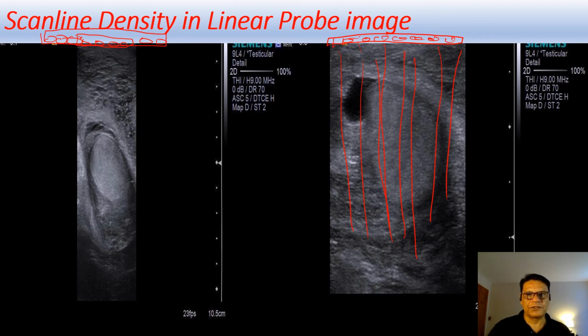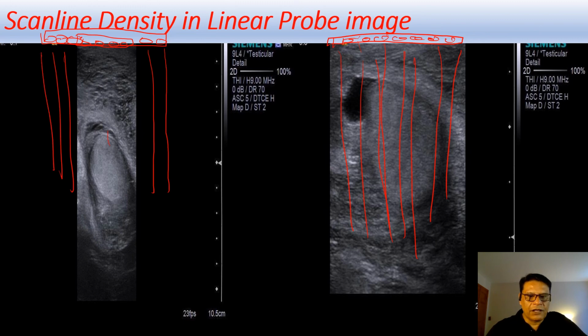Actually, here is our transducer. What's going on in this image is that we have switched off these crystals, and we are not getting scan lines in this area, but here these crystals are on and they are producing scan lines. That is why the field of view is larger as compared to the field of view in the first image.